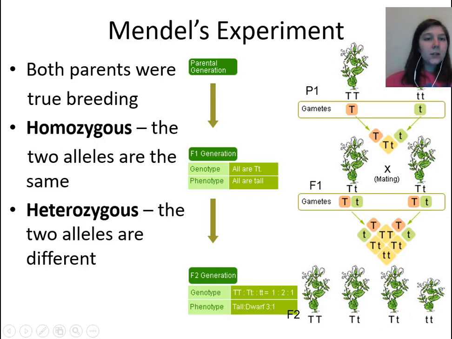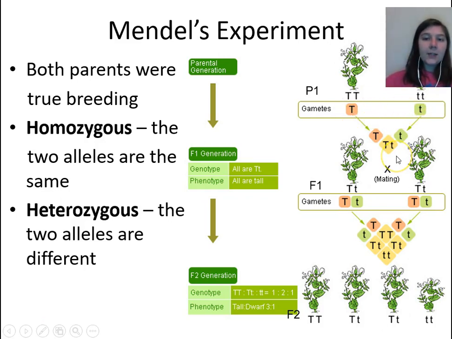As we mentioned in one of the other note sets, this is what Mendel's experiments often looked like. He took parents that were true breeding, meaning one was homozygous dominant, another was homozygous recessive, so here we have a tall plant and a short plant.